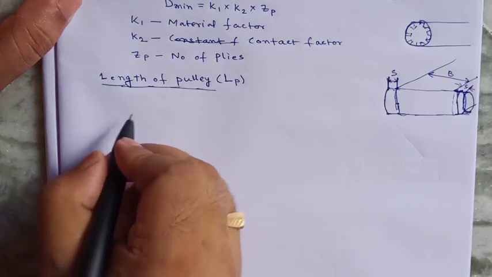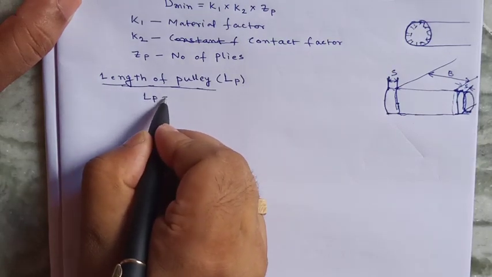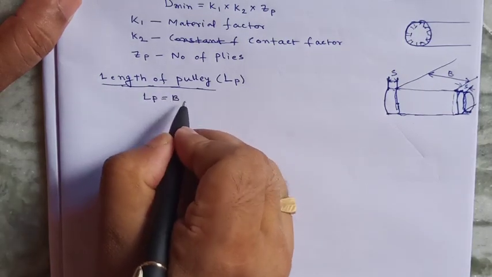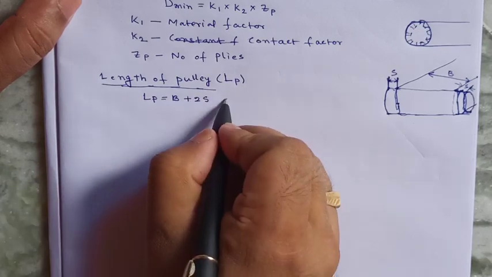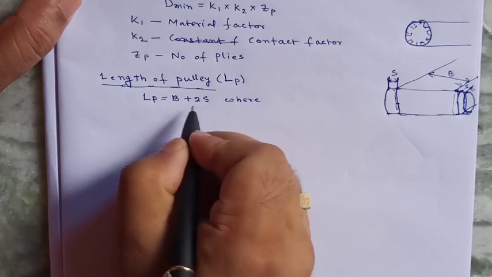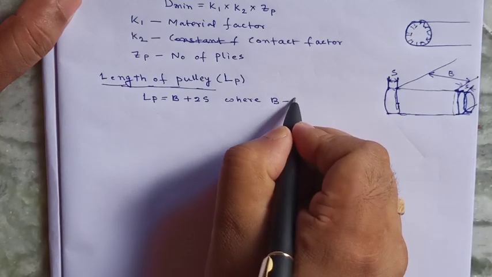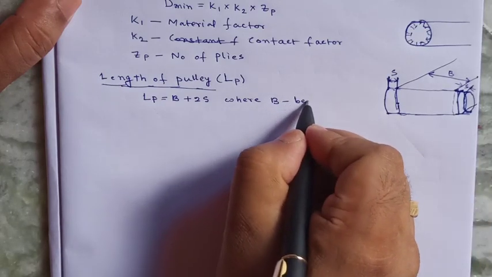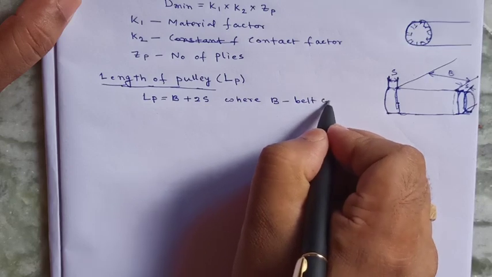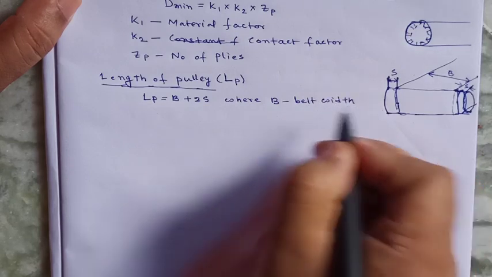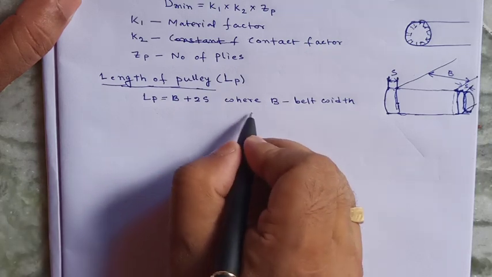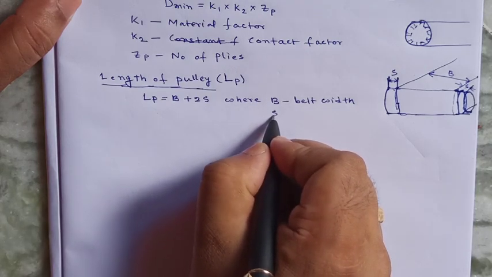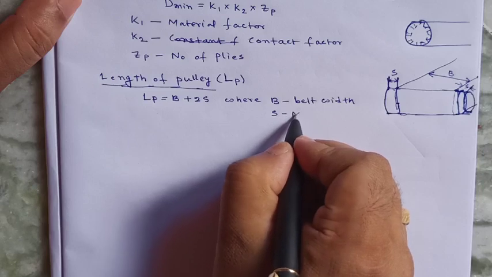So LP equals capital B plus 2S, where B is the belt width, the total belt width, not effective, and S is the margin.